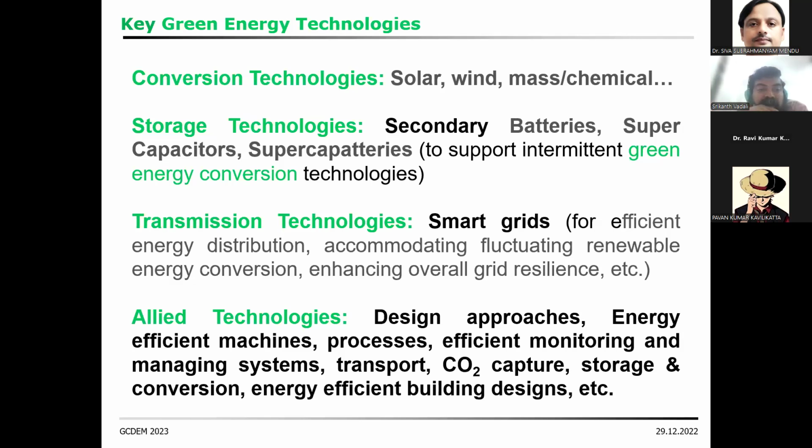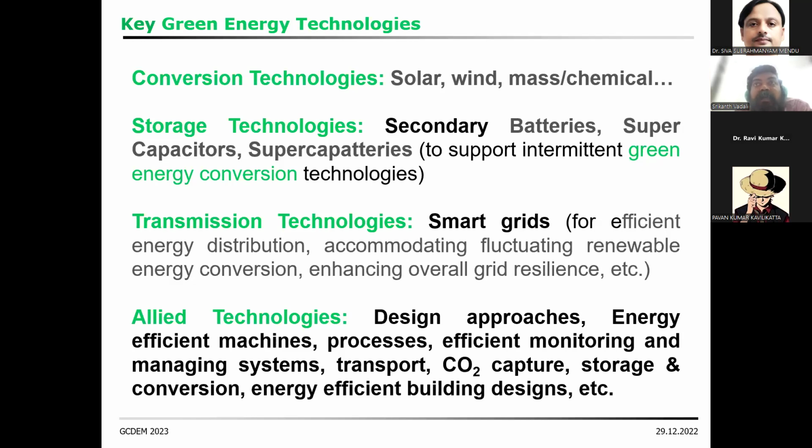These storage technologies support the conversion technologies. Why support? Because many of the conversion technologies, for example solar and wind, are intermittent. Only when the light is at a peak can you convert solar light to electrical energy with high efficiency.